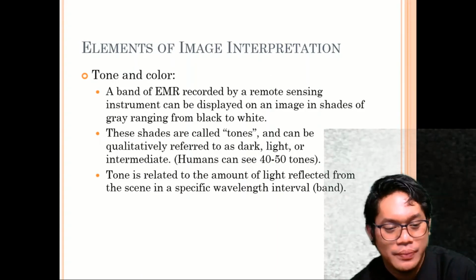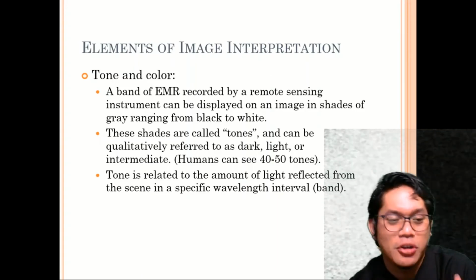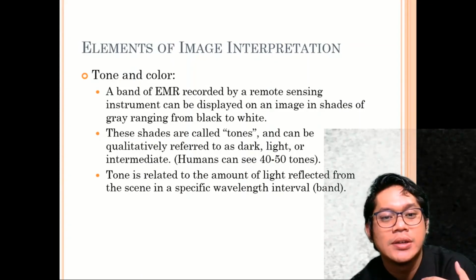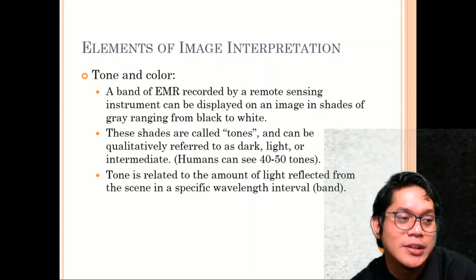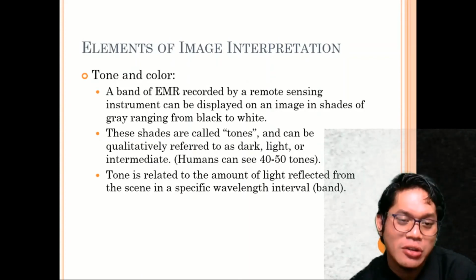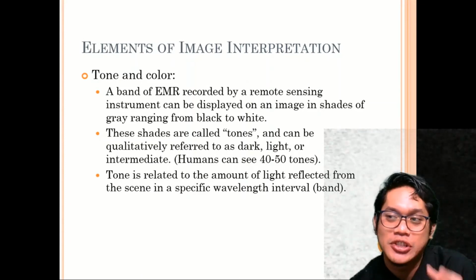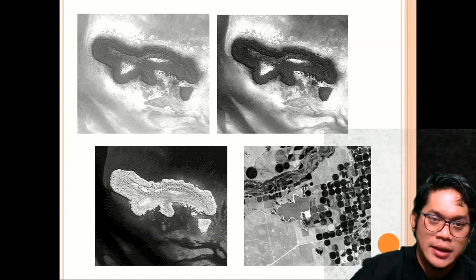Let's say for the red band or red spectrum, in a computer it is only shades of gray that carry the information on the intensity of the redness. With a combination of the green and blue, it creates the natural color that you always see, like this.